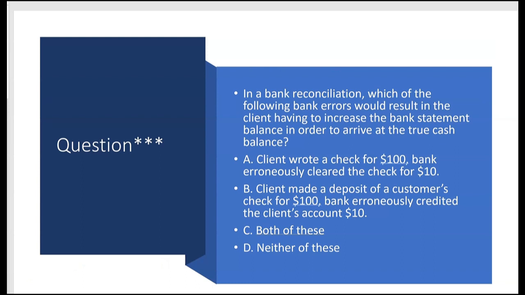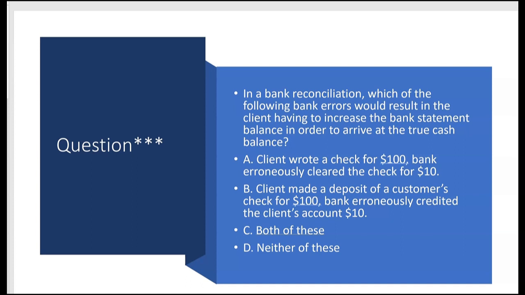Here's a question on bank errors. In a bank reconciliation, which of the following bank errors would result in the client having to increase the bank statement balance in order to arrive at the true cash balance? So, what error would be added to the bank statement balance? A says the client wrote a check for $100.